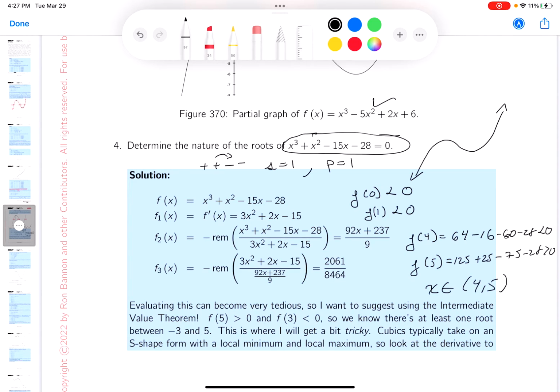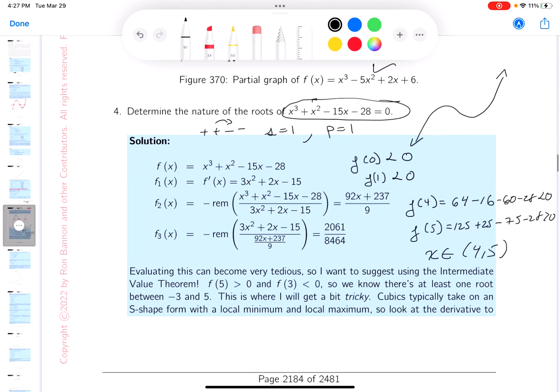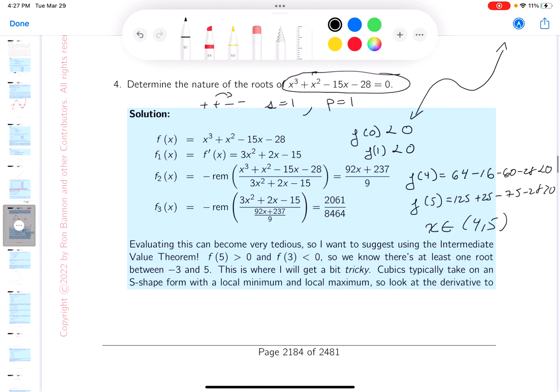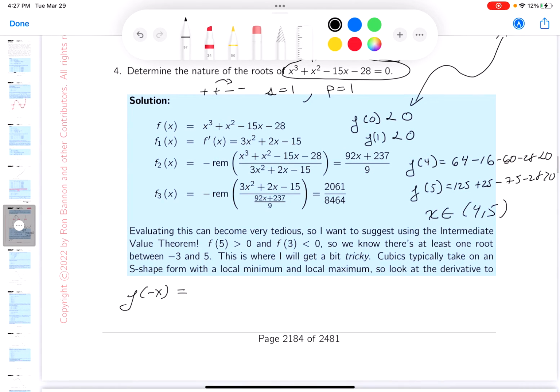Now I'm going to rotate the curve. And this is tricky. When I say rotate the curve, I want those negative roots to become positive, so I'm going to evaluate f of minus x. Again, don't be discouraged if this is a troublesome problem. It is. What are you going to get?